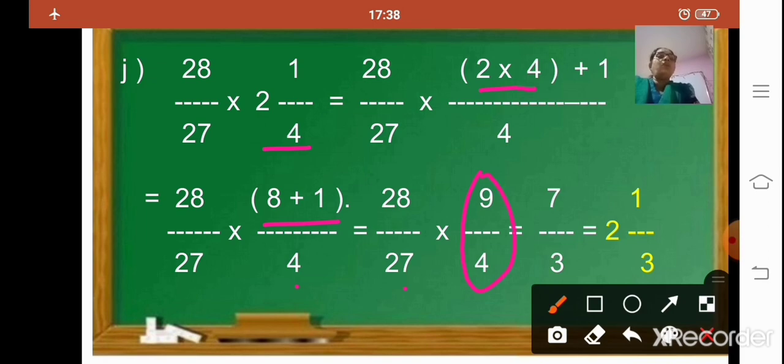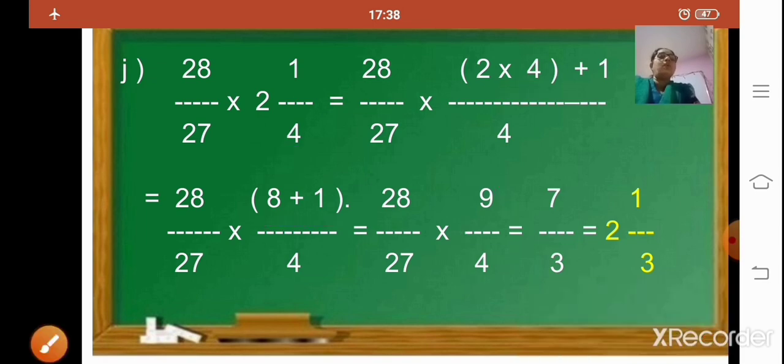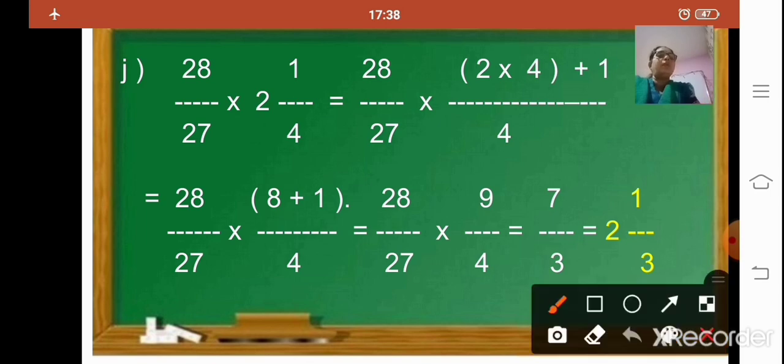Now when you multiply 28 upon 7 into 9 upon 4, 9 ones are 9, 9 threes are 27. Now 28 is easily divisible by 4. So 4 ones are 4, 4 sevens are 28. So you get the answer as 7 upon 3, which is an improper fraction.